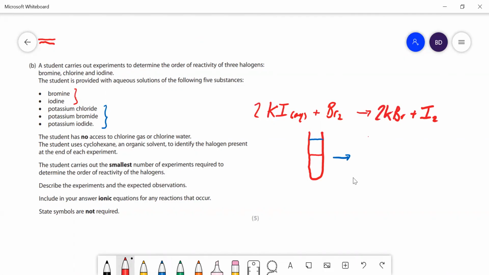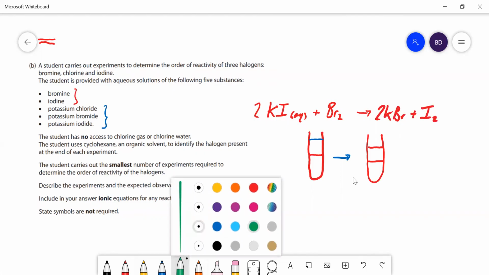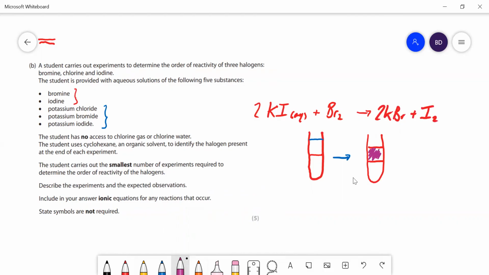To show you've got iodine there, the cyclohexane layer, which is the top layer, would go purple, because iodine in cyclohexane looks purple. That would tell you that you've got that halogen there. Okay, so this reaction would tell you that bromine is more reactive than iodine.